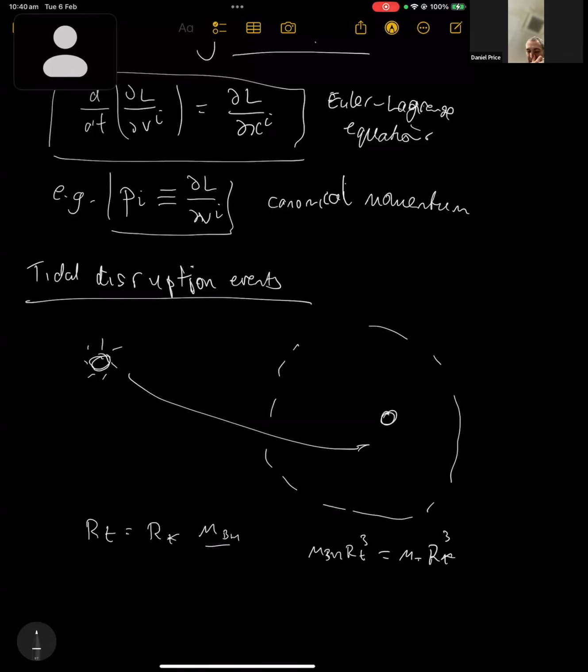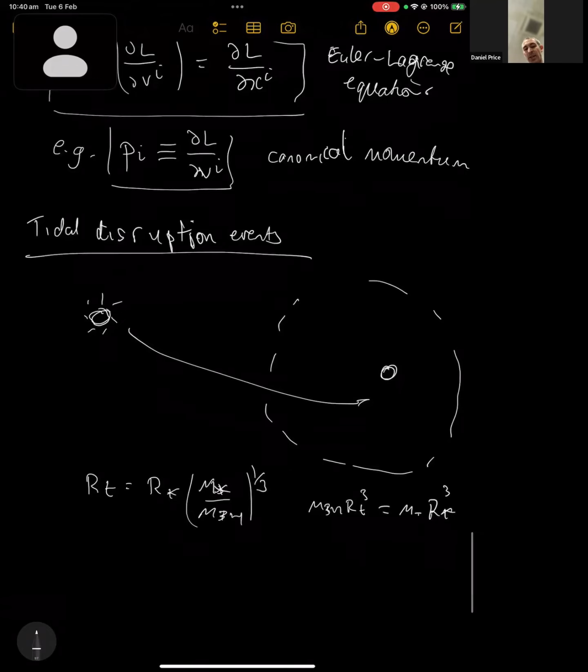It's like saying the densities of the two bodies are equal, where the gravity of the black hole becomes more important differentially than the gravity of the star. So that gives us r_tidal is r_star times (M_black hole over M_star) to the 1/3.